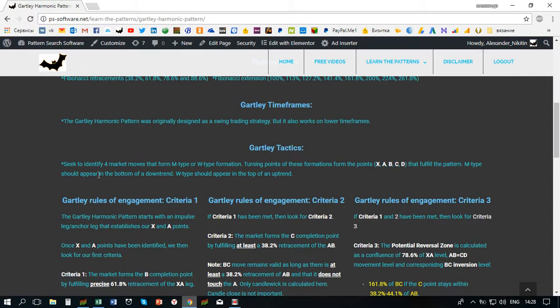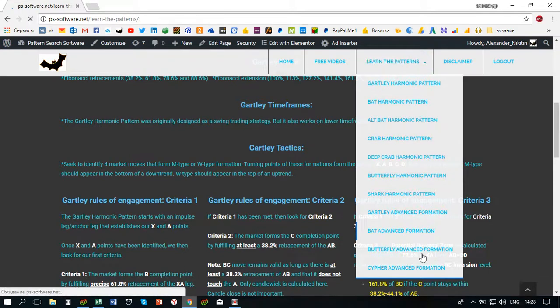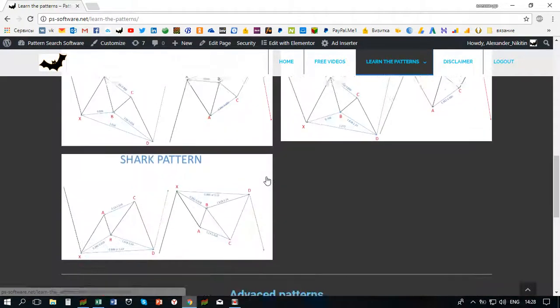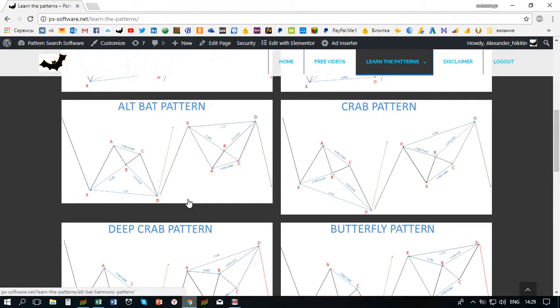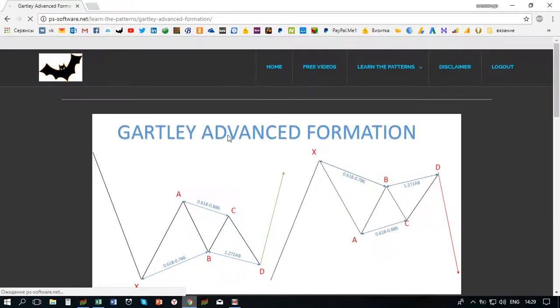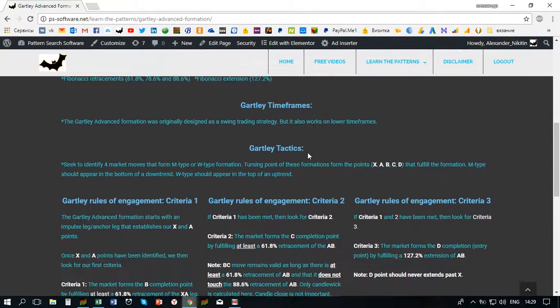M type should appear at the bottom of a downtrend, and W type should appear at the top of an uptrend. The same with advanced formation. I just didn't notice that. Just forgot about that. If we go to advanced formation, there is the same statement on every one. You should read it carefully.